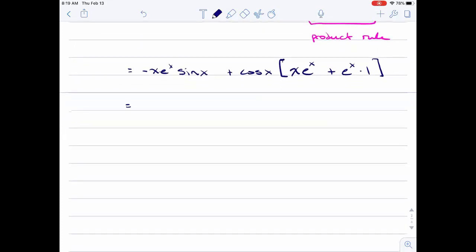So now we can expand and simplify a little bit here. We get negative x e to the x sine x plus x e to the x cos x plus e to the x cos x.